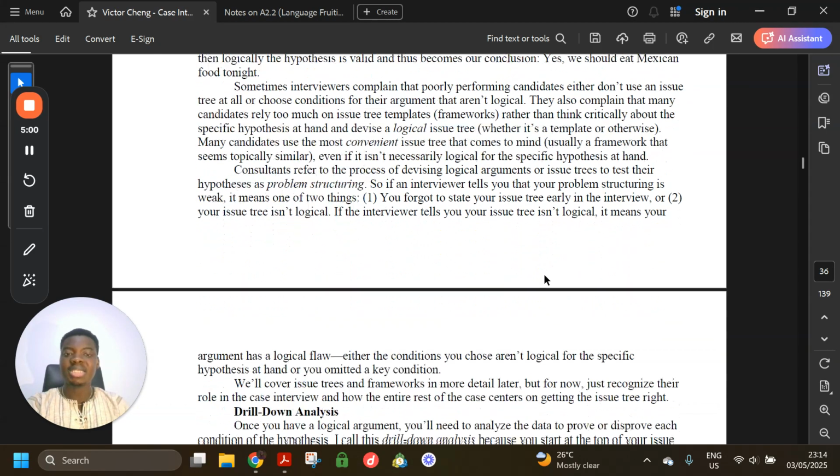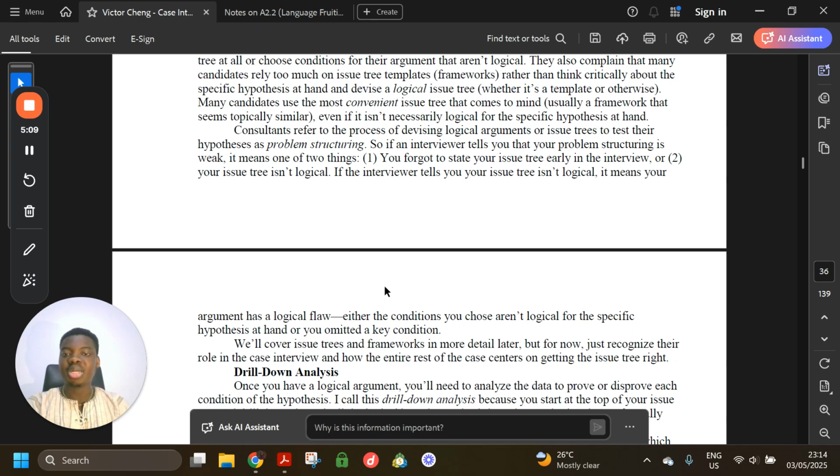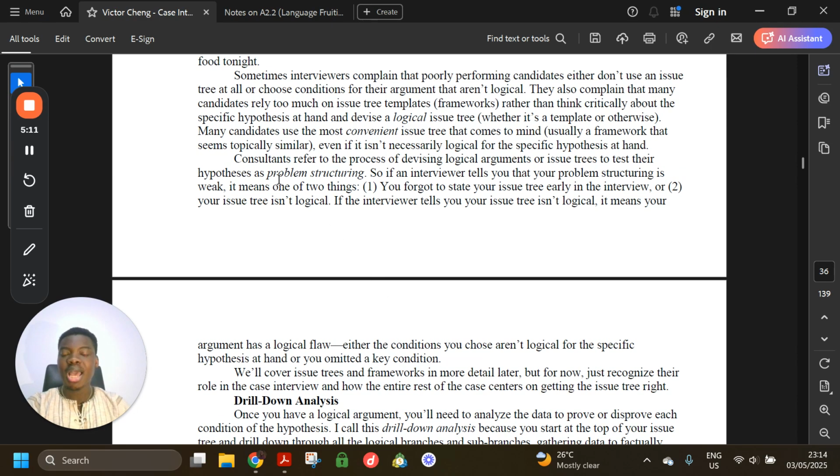And this will lead us very nicely into the third tool in the toolkit, which is the drill down analysis. Before I talk about the drill down analysis, I just want to highlight that consultants refer to the process of devising logical arguments as problem structuring. So if you hear the word problem structuring, it's also how you're able to create your issue tree to have each of these conditions forming up to a hypothesis.